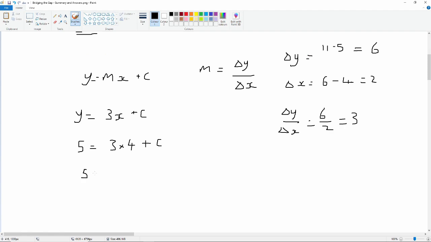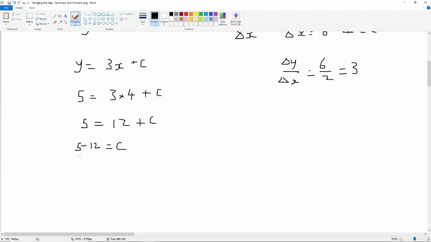So 5 is equal to 12 plus c. So 5 minus 12 is equal to c. So 5 plus 7 equals 12. So this is negative 7 is equal to c.